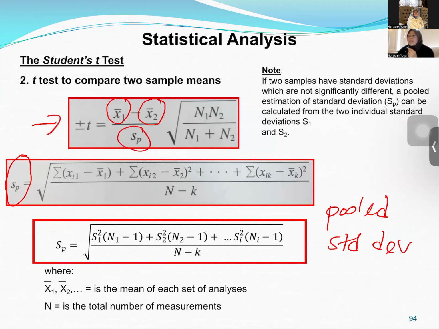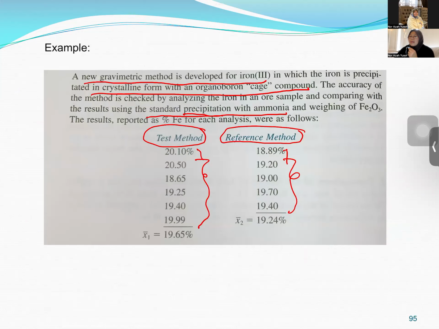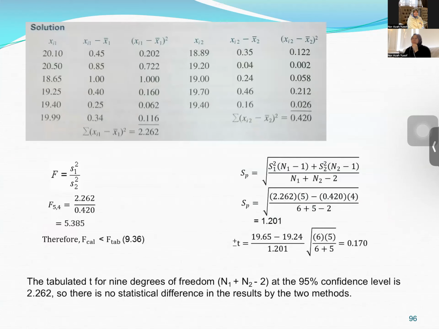Then we need to calculate Sp, the pooled standard deviation, and N is the number of observations for the test method and the reference method. We don't have to discuss this, because usually we do the F test first before we proceed to the T test. That's what is common.